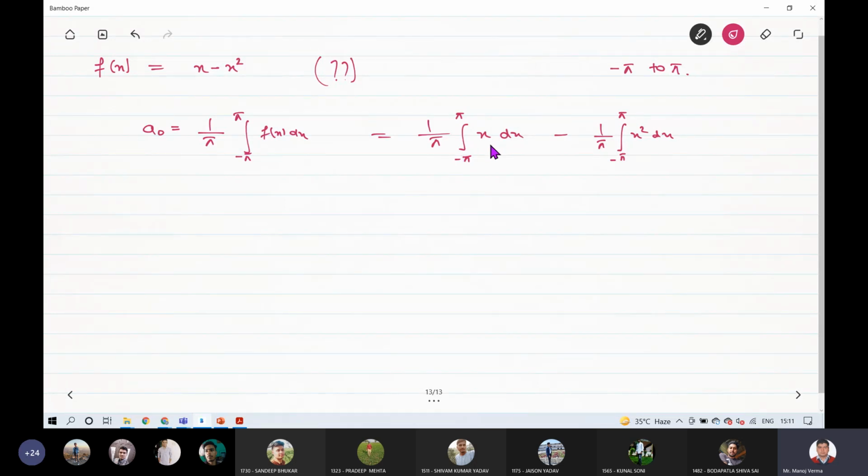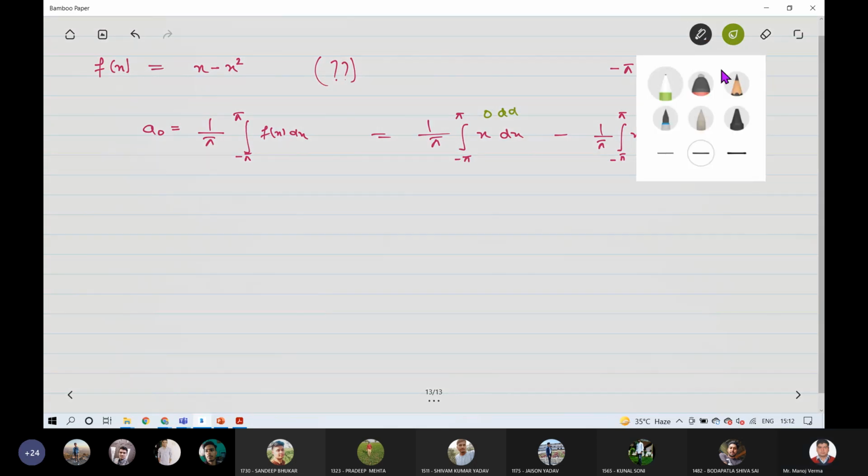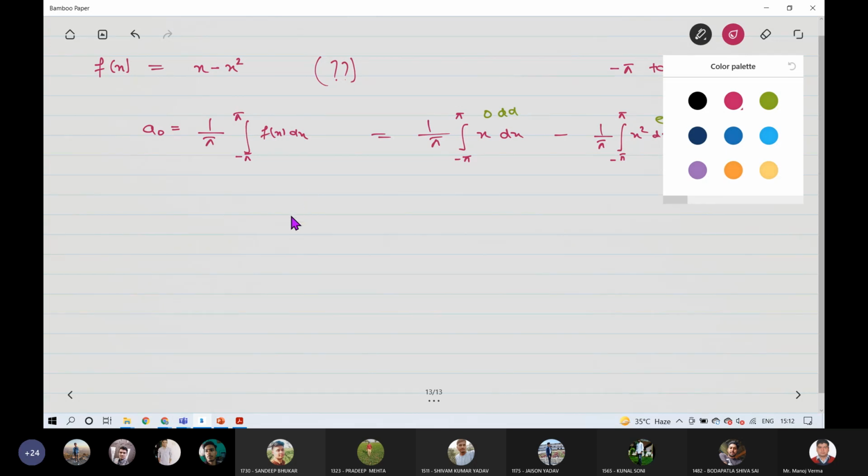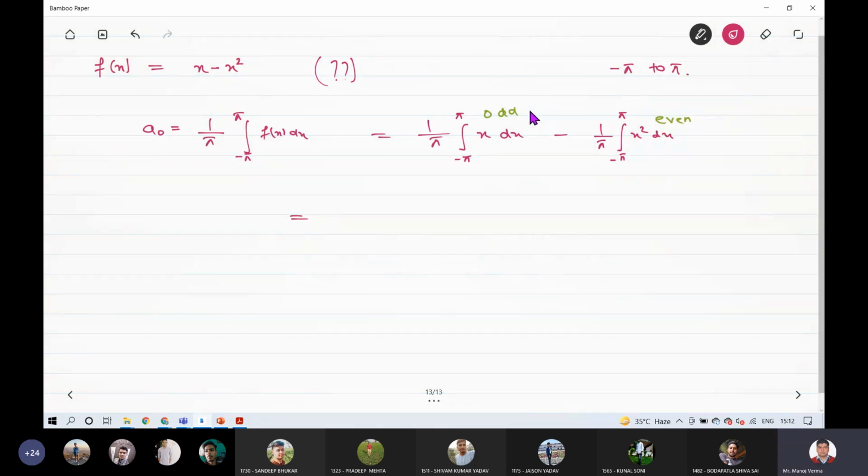Now this function is an odd function and this function is an even function. So I can simply write, for this odd function my integral will become 0 and this will become minus 1 over pi, and I can also change the limits to 0 to pi, and I will take double of this integral, that is x square dx.